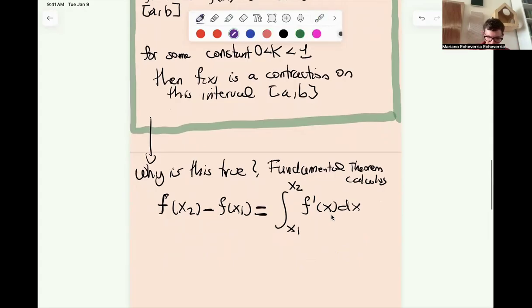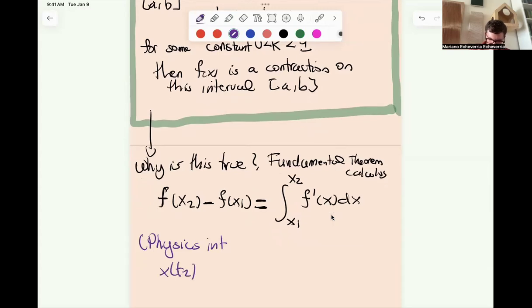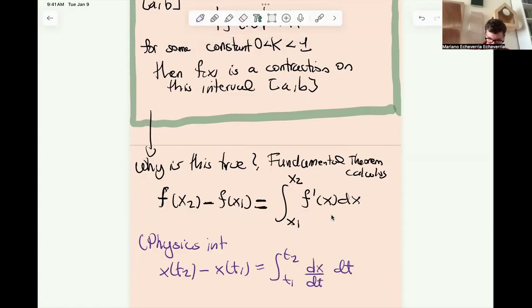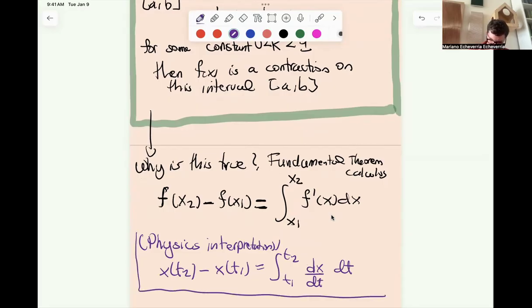If you think about it in terms of physics, the position at time two minus the position at time one would be the integral from time one to time two of the velocity, right? Or let me put it as x of t.